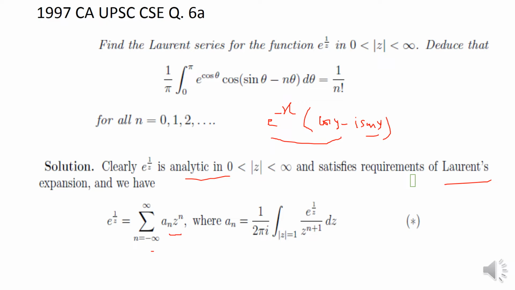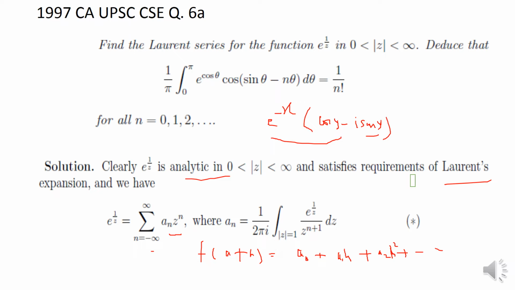And Laurent series we can write down as sigma n is equal to 0 to infinity a n z to the power n. In simple form we can say that Laurent series f(a plus h) is equal to a0 plus a1 h plus a2 h square, and so on, infinite series.